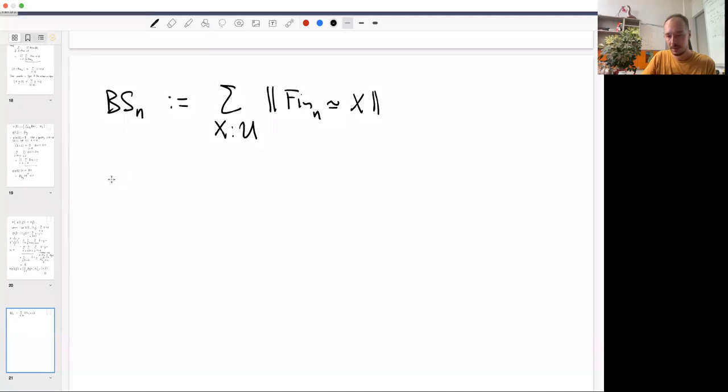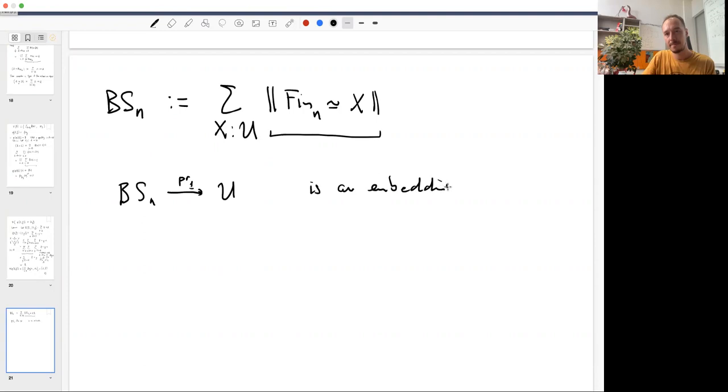So we know that this here is a proposition. So BSN is a subtype of the universe. So in other words, the projection map from BSN into the universe, pr1, is an embedding. So in other words, x equals y in BSN is equivalent to x is equivalent to y.